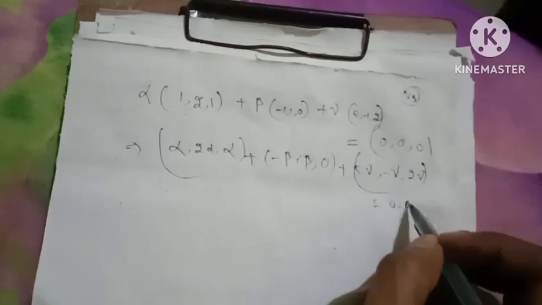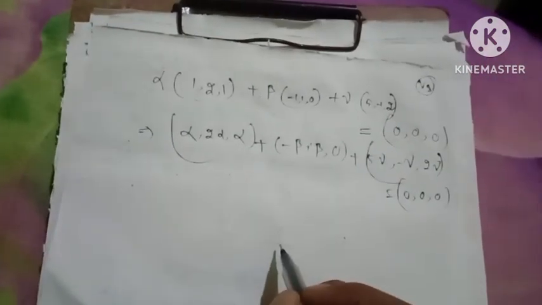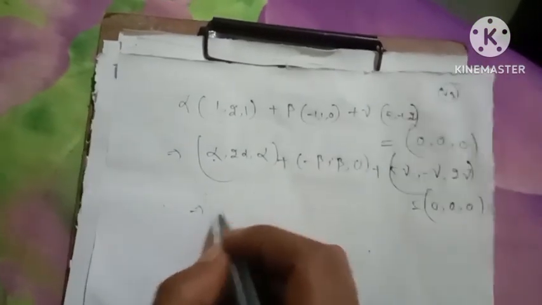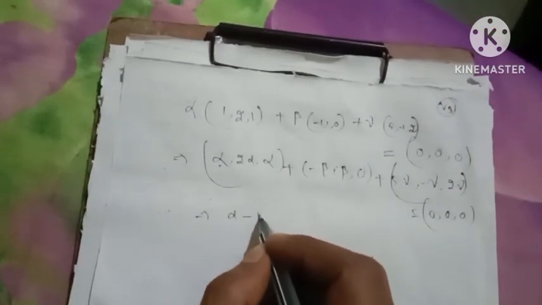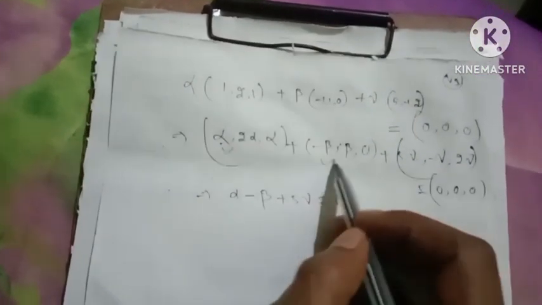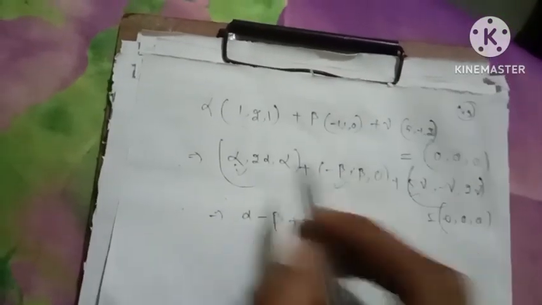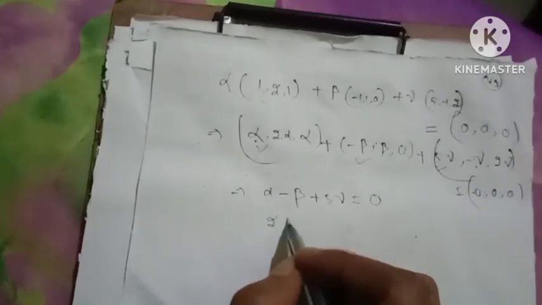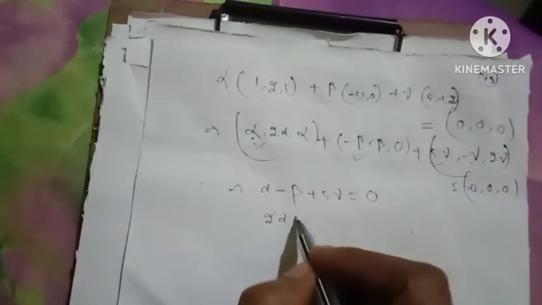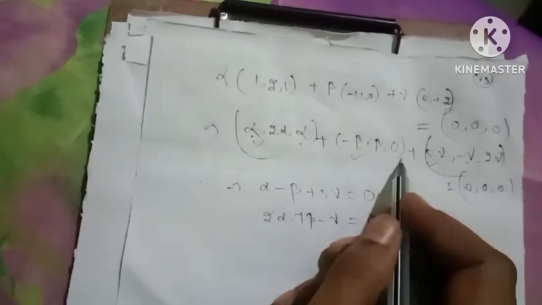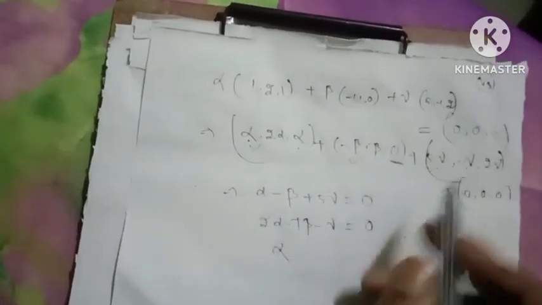This equals 0 0 0. So alpha minus beta plus 5 gamma will be 0, because this is the first component of the zero vector, and 2 alpha plus beta minus gamma will be 0, and alpha plus 2 gamma will be 0.